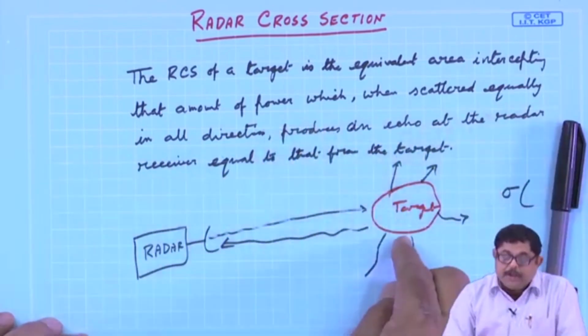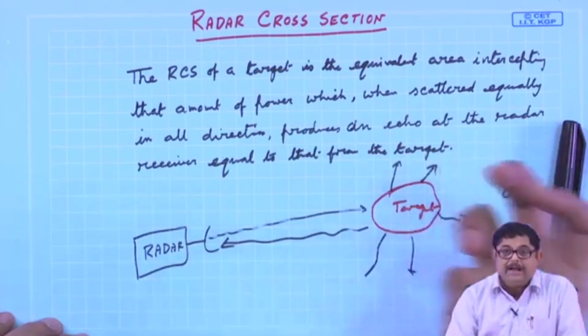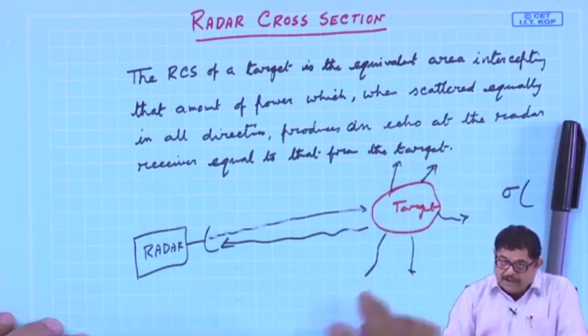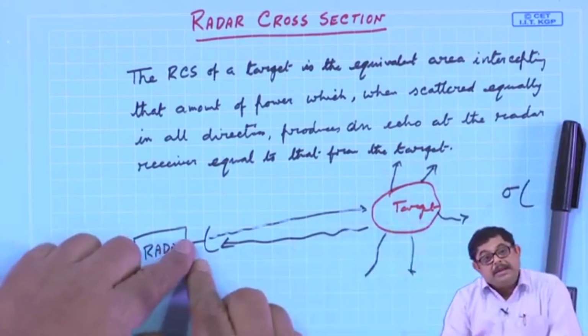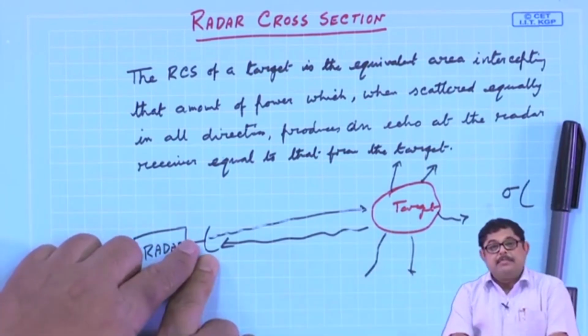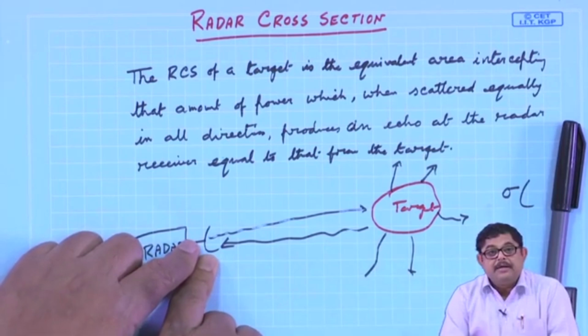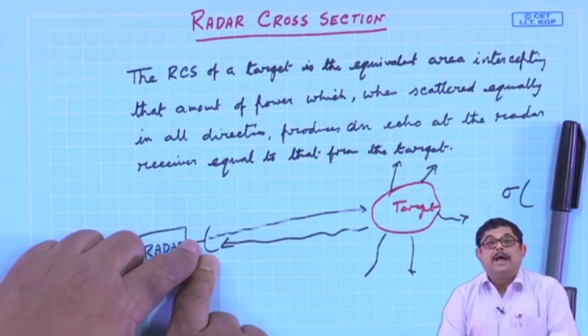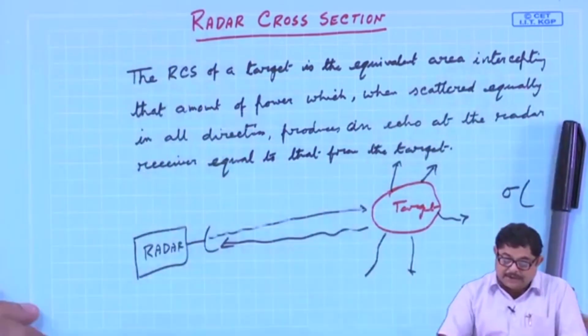So, the area that scatters equally in all directions, and the power coming back to the radar equals the actual case. That is the equivalence.